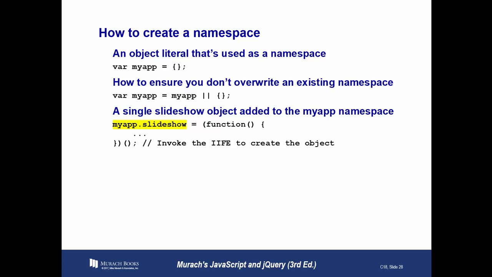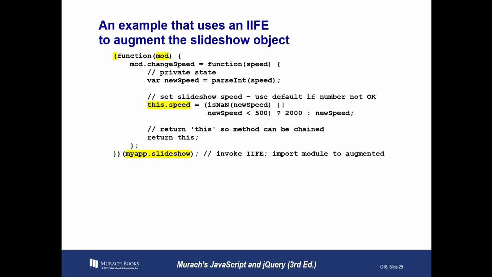This module pattern is also fairly easy to augment, so you can split the code for an object into multiple files. You'd probably want to do this if you had a large code base or you had multiple programmers working on the same file. In fact, that's what they show you right here.